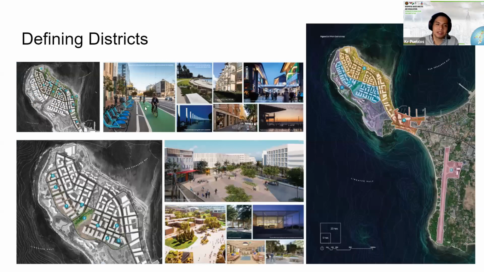For this one, this is just a sample, but we went district for district, crafting an iconic character for each, whether that be from urban design or down to the architectural detail.